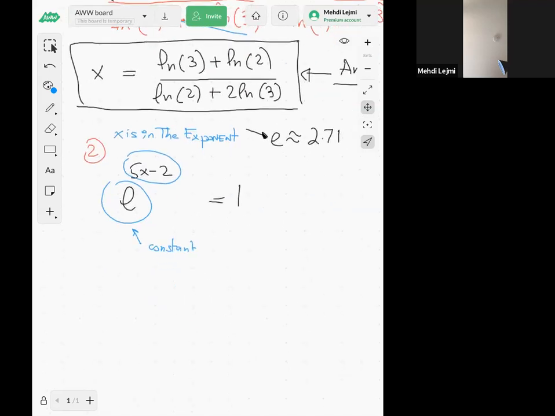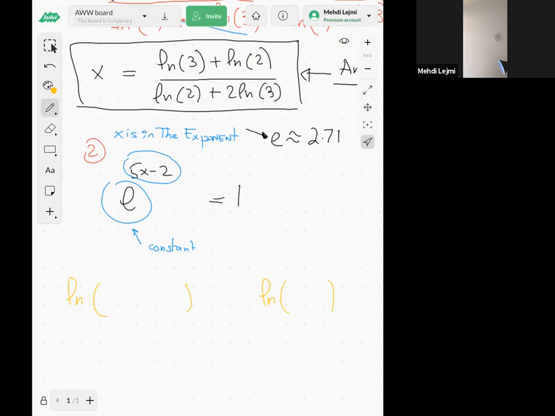As I said, the general rule of thumb is just to apply natural log both sides. So I'm just going to apply natural log both sides. It's called natural log, and the convention is just to apply a natural log. Of course, you can apply a log in a different base, right?